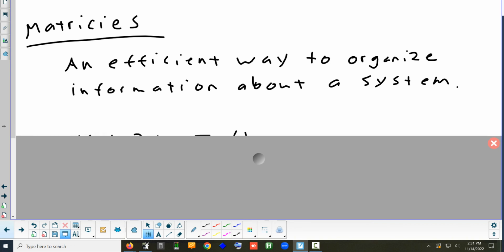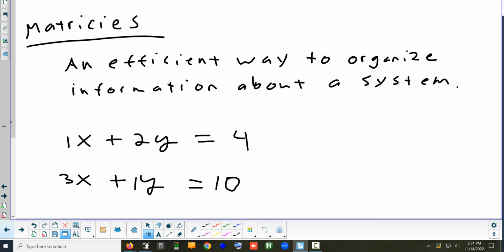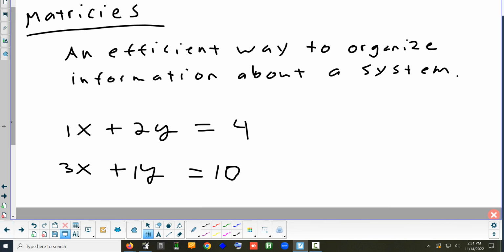So we want a better way to write things down. And that's more of what we're going to get into for the rest of this week. Okay, what's called a matrix. Matrices is the plural of a matrix. And this problem can be represented a lot shorter.